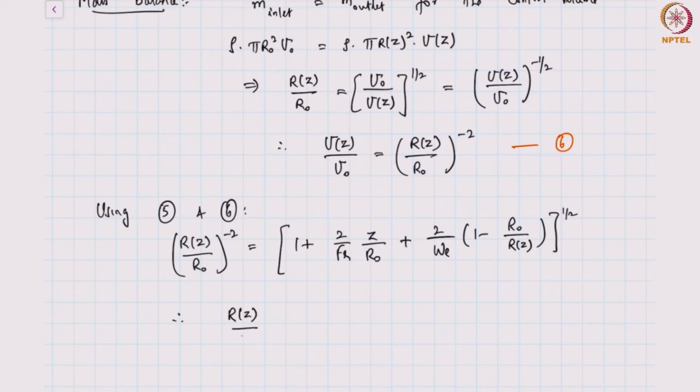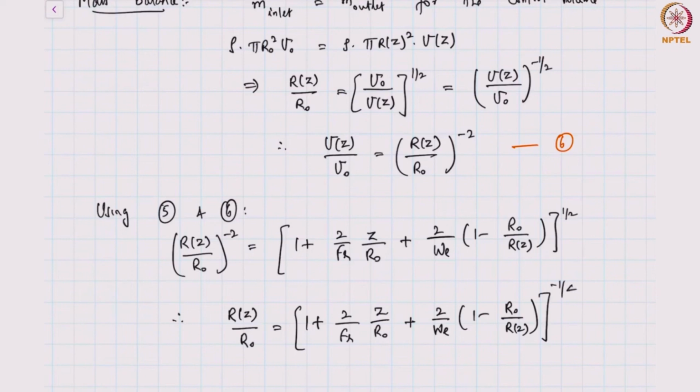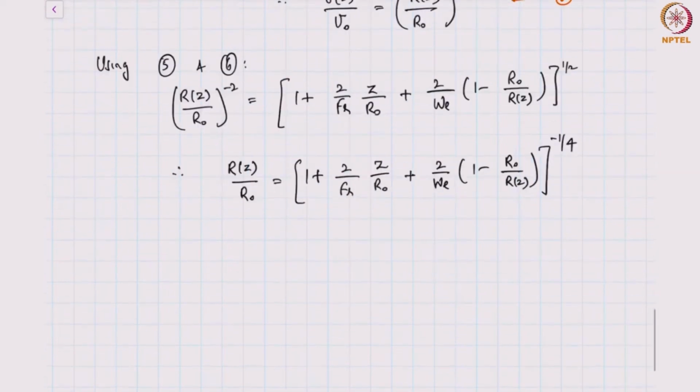Well, we'll just see that it's not so simple. R of z by R naught will be 1 plus 2 by Froude number z by R naught, 2 by Weber number 1 minus R naught by R of z, whole power minus 1 by 4.